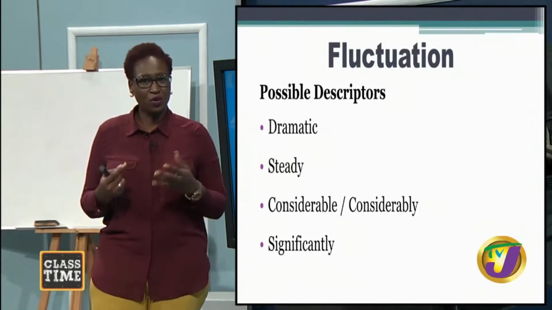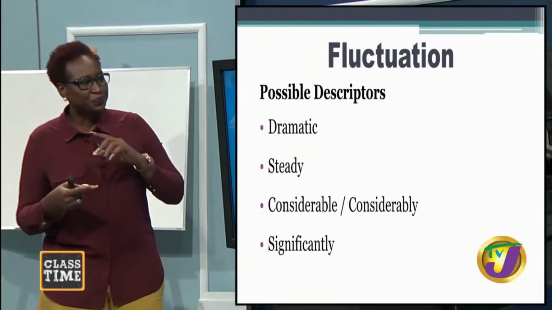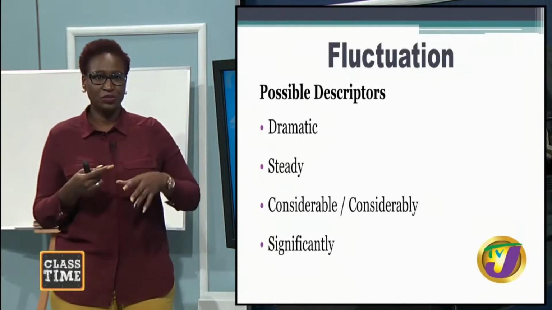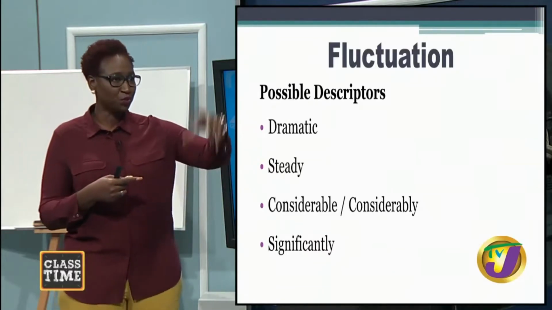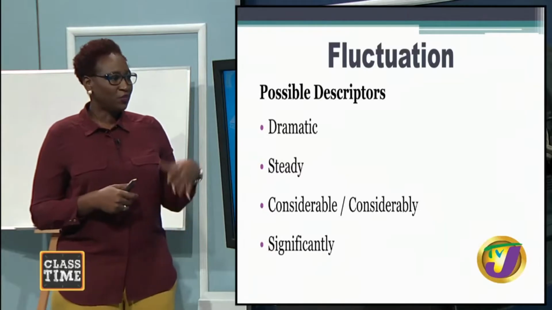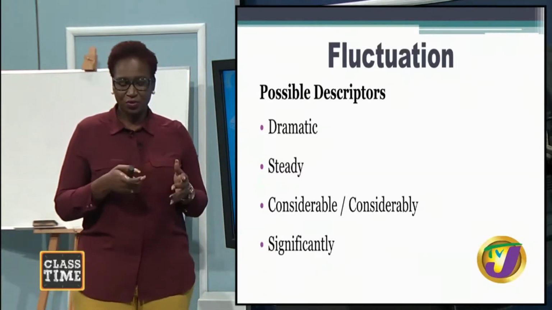So it went up or down, but in almost a predictable way, so to speak. Was there considerable fluctuation? Again, did you notice that it jumped from X to Y and back? And of course, you look at significant fluctuation as well. Same thing as considerable.